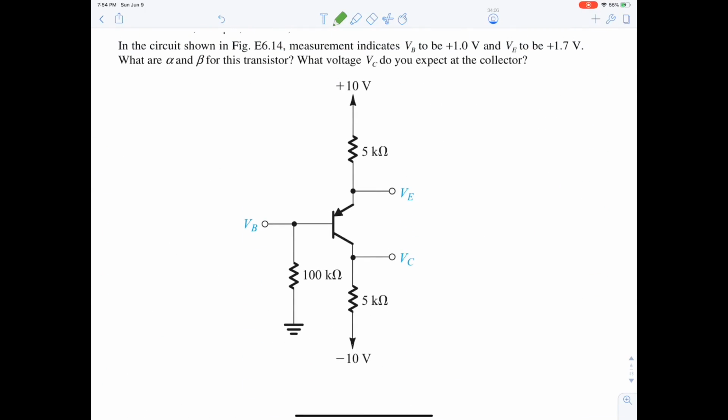Let's move on. In the circuit shown in this figure, VB is 1, VE is 1.7. What are the alpha and beta for this transistor? What voltage VC do you expect at the collector?